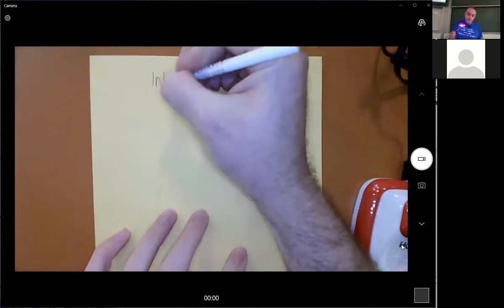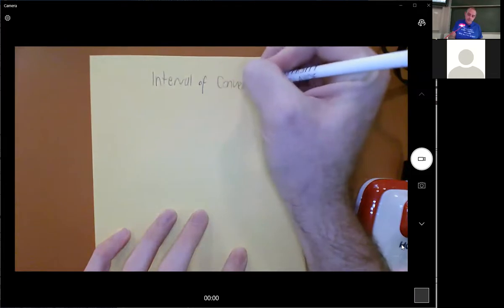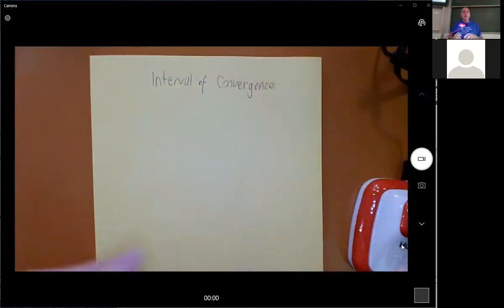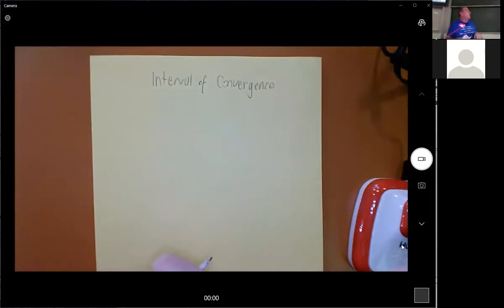So we're going to start by talking about the interval of convergence of a power series. The first thing to know about this phrase, interval of convergence, is it is a thing that belongs to a power series.